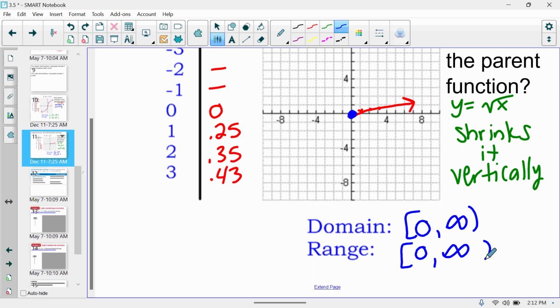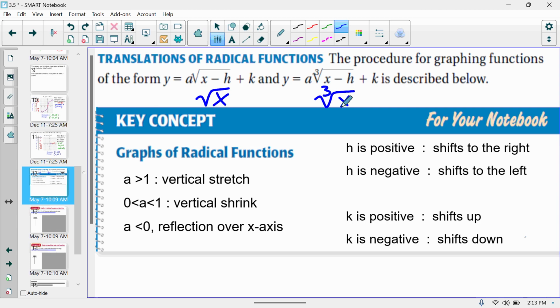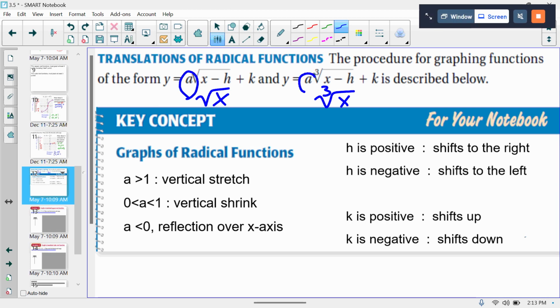Okay, so since this next slide is already written in on your handout for you, I would just look up here and make sure you're paying close attention. You probably won't have to add anything because all the information is there for you. So far we've taken the square root of x or the cube root of x, and we looked at what happened when we put a number in front.